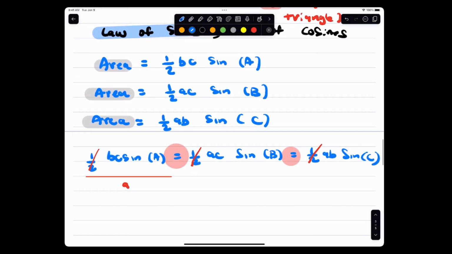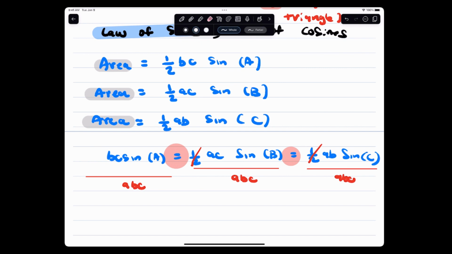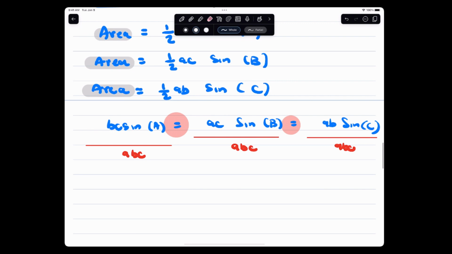Okay, so let's divide now by this non-zero number, ABC here. And we get rid of this because it's gone. And then, ladies and gentlemen, we can further simplify. The C here is gone, and the B here is gone. You guys okay with that?